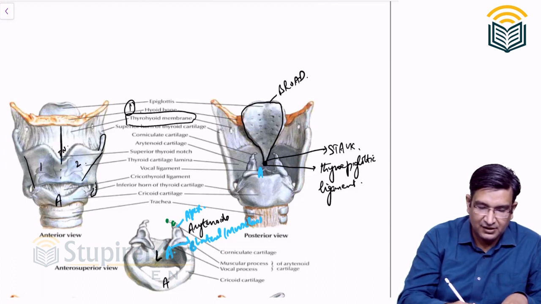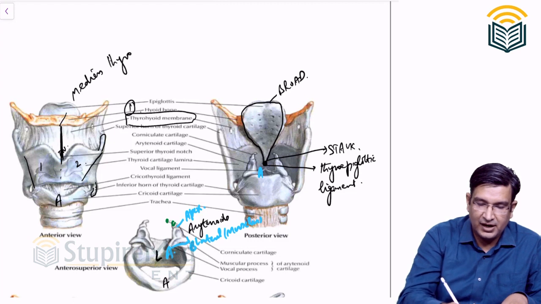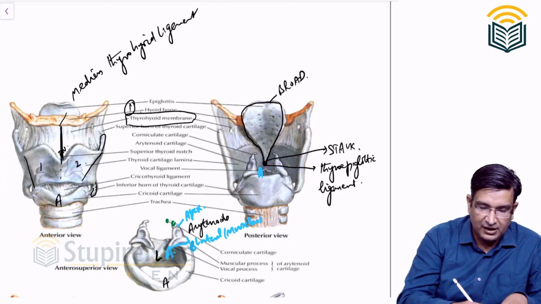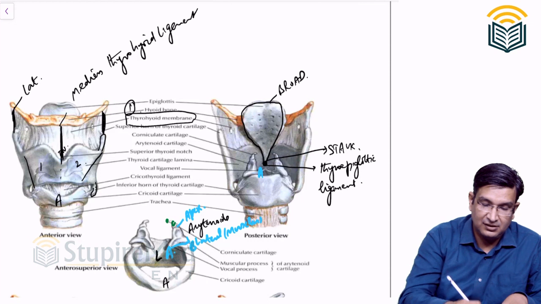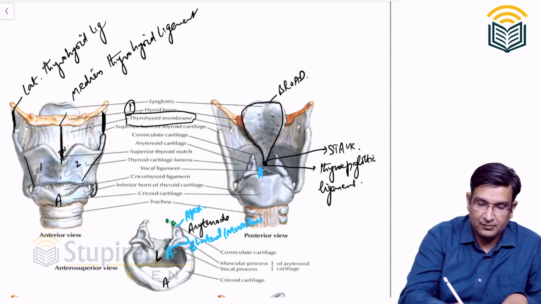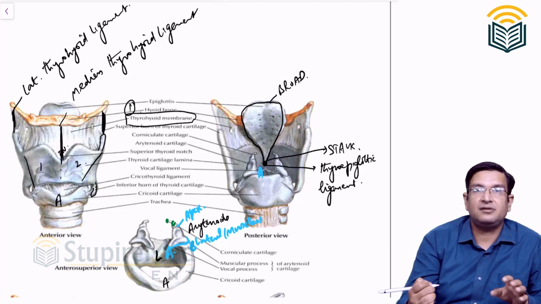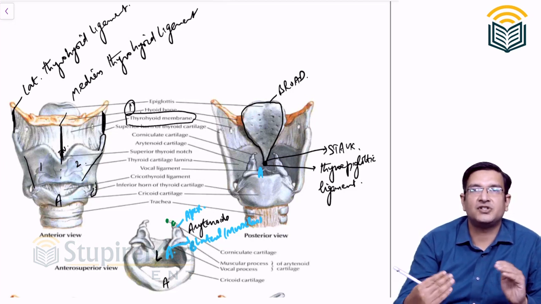One in the midline, called the median thyrohyoid ligament. And one at the posterior side, called the lateral thyrohyoid ligament. So the first extrinsic membrane is the thyrohyoid membrane, which connects the thyroid cartilage with the hyoid bone.